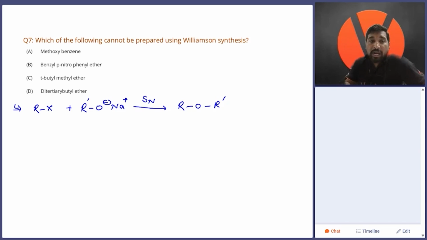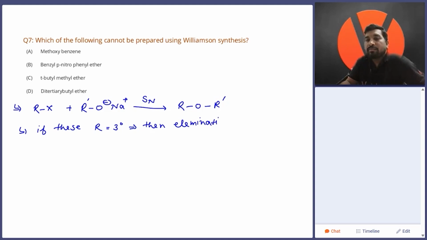So if these groups are 3 degree, then the elimination product will be the major product.